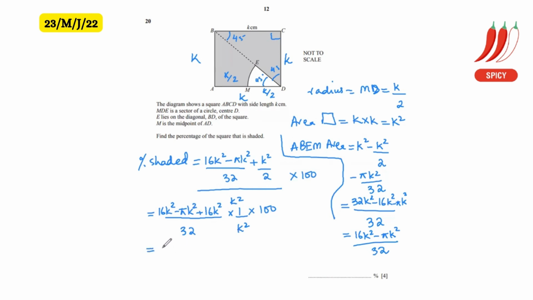So now the k squares are 32k squared minus pi k squared over 32k squared times 100. Since it's k squared everywhere, the k squared gets cancelled out. So now we have 32 minus pi over 32 times 100. So that's going to give us 90.2%. That is your percentage of the shaded area.